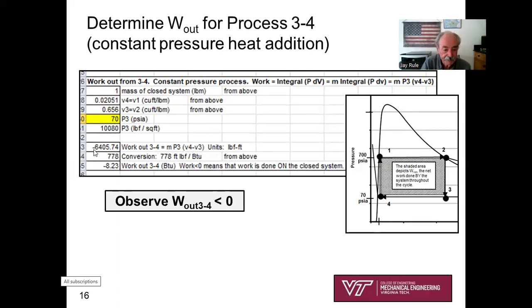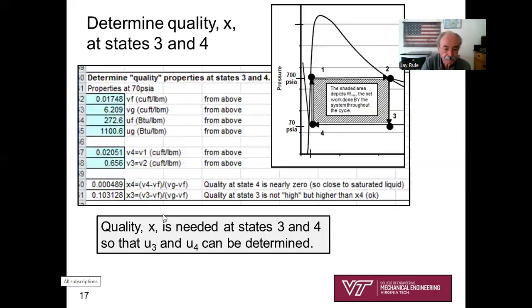Delta V, negative 6406 foot-pounds force. Conversion, 778 foot-pounds force per BTU gives me negative 8.23 BTUs. And I'll just log that. Woo, I've got all 4 of my work values. I've got half credit now on my homework problem.